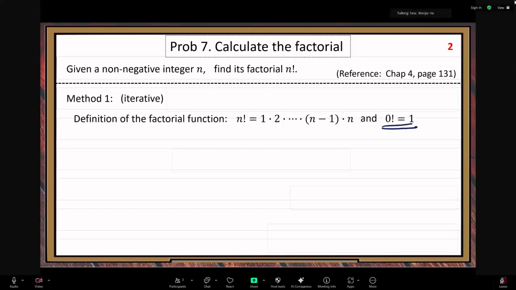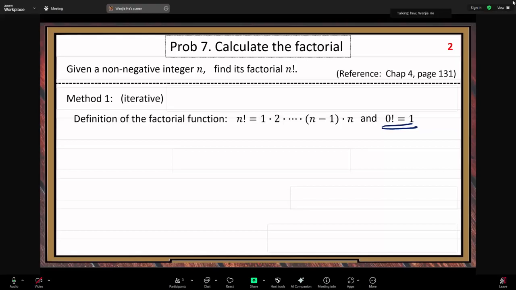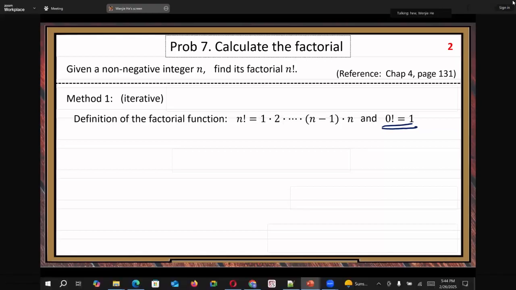Do you know that 0 factorial equals 1, not 0? Can anyone explain why 0 factorial is not 0? It is 1.